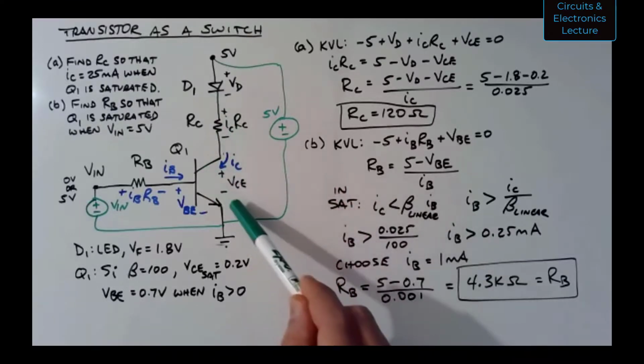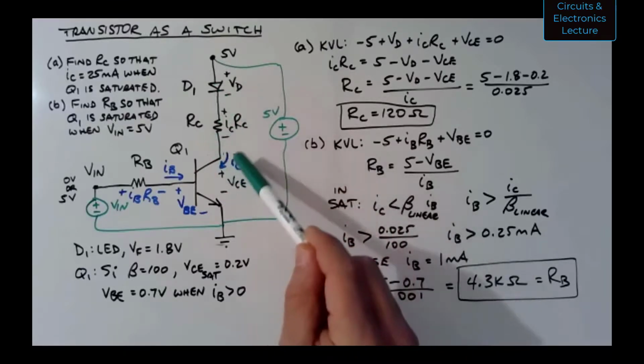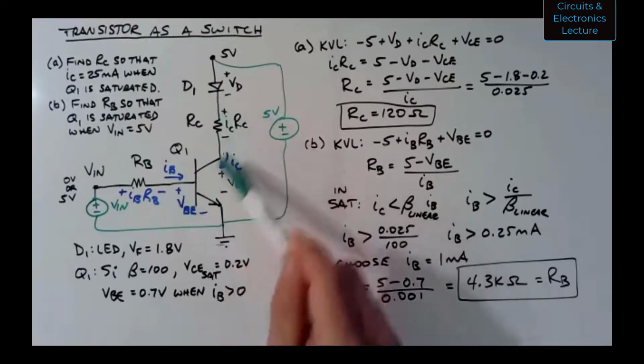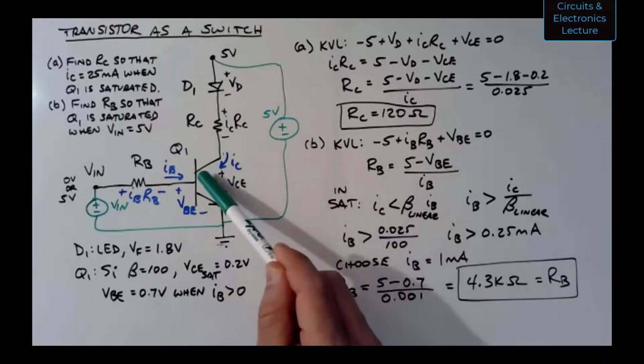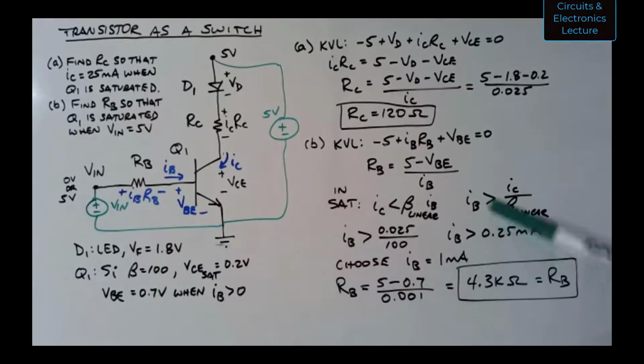I had to figure out that VCE falls to 0.2 volts. What current is that IC based on a KVL equation? And then what IB do I need to cause that IC to put it right on the threshold of saturation? Then you can figure out the voltage. So you can come at this from any direction, really. Okay.